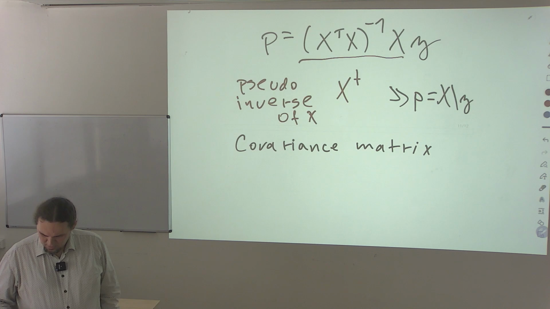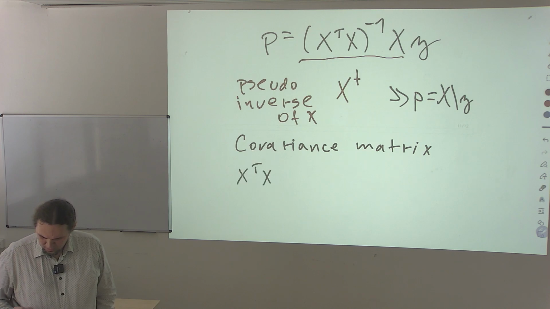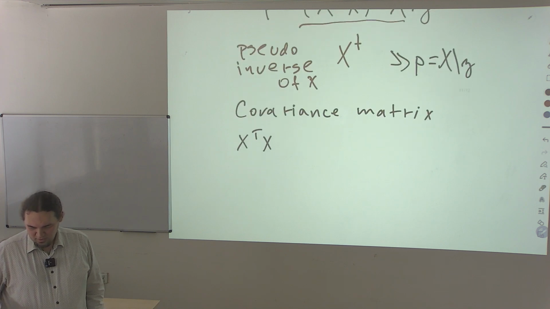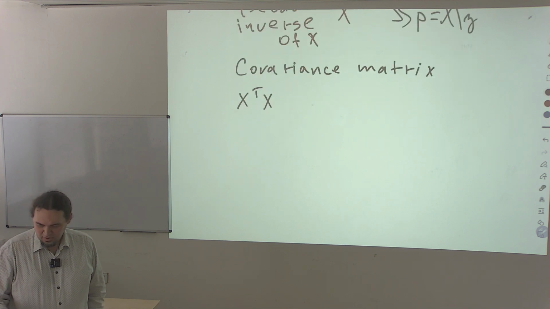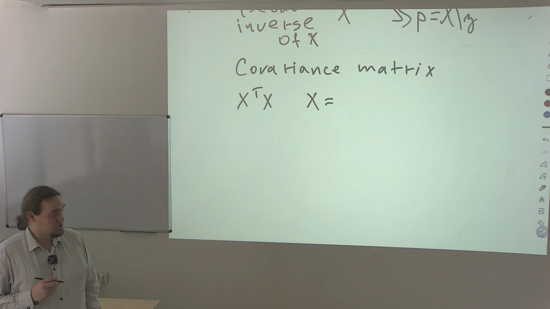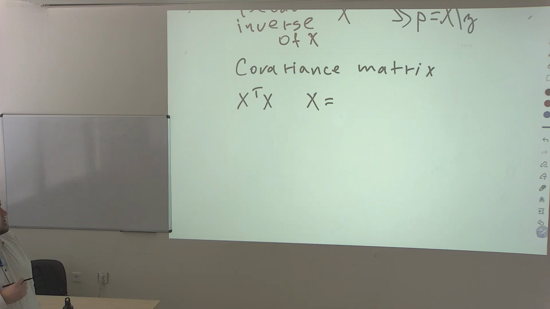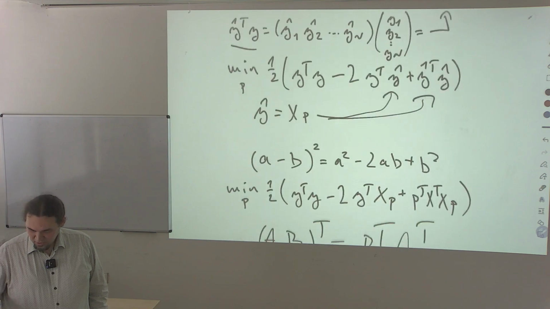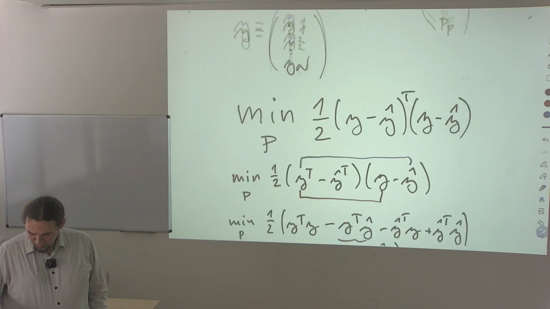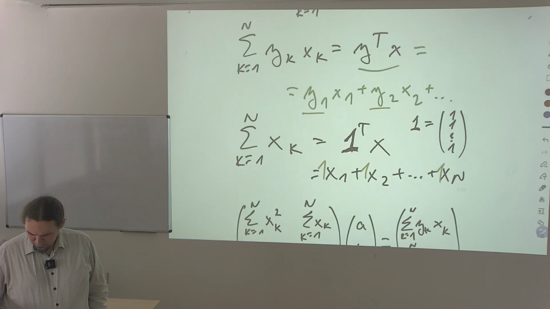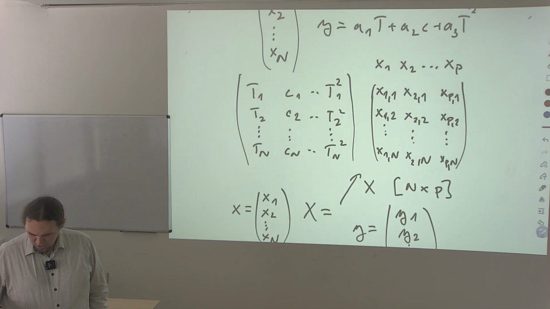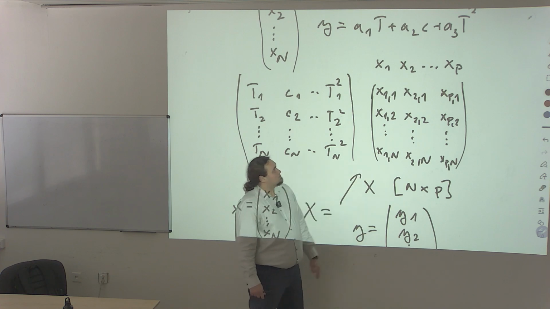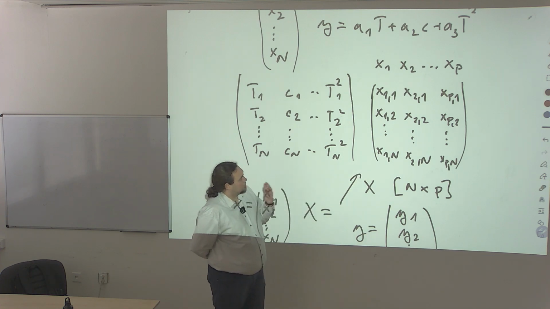Let's dive into it again, or let's recall what the shape of the matrix capital X is. I can just copy what we have written down before, what we started with in the beginning of the lecture.